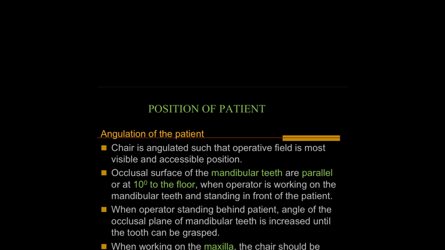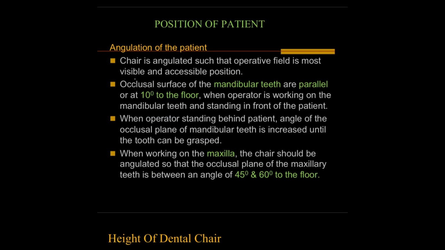Angulation of the patient. The chair is angulated such that the operator field is in the most visible and accessible position. So what is the purpose? The purpose is better vision and better access. Occlusal surface of the mandibular teeth.